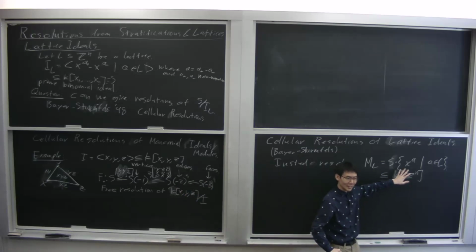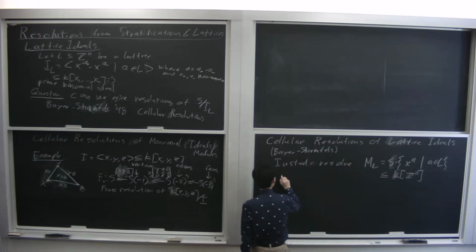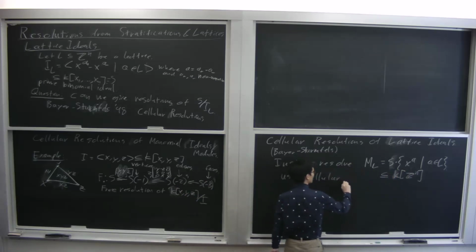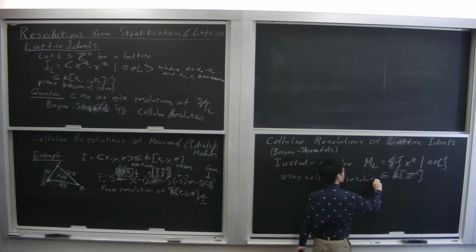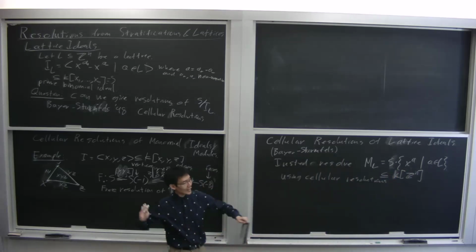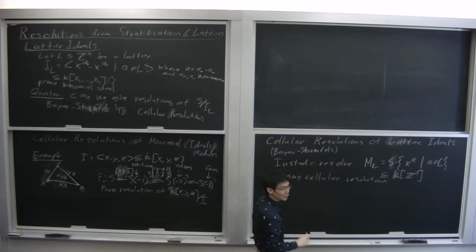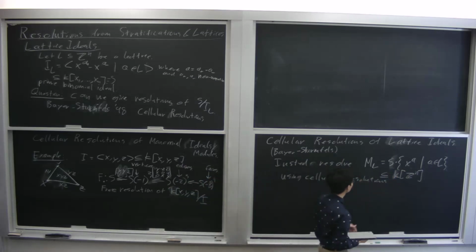It's very controllable and very tame. But we'd like to resolve these things. And how do I resolve these? Using cellular resolutions. Okay, that'll give you a finite length, but infinite rank, free resolution of this module.